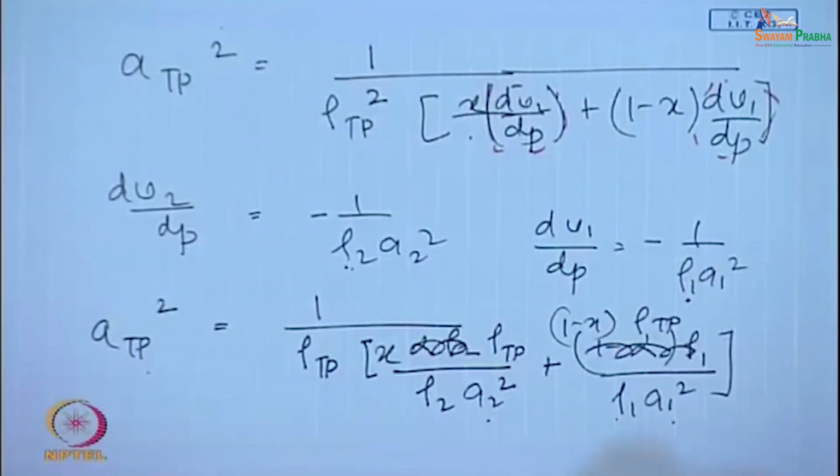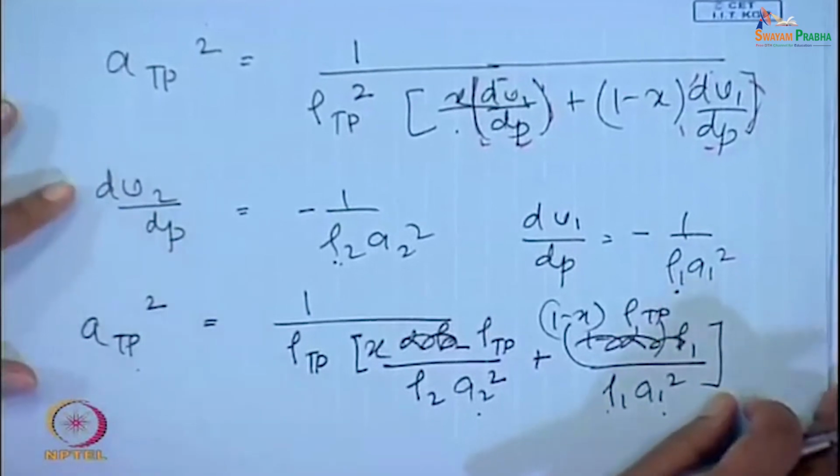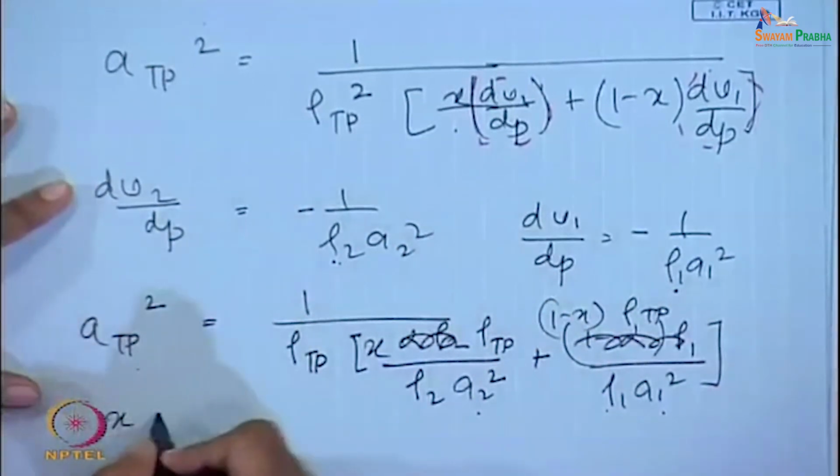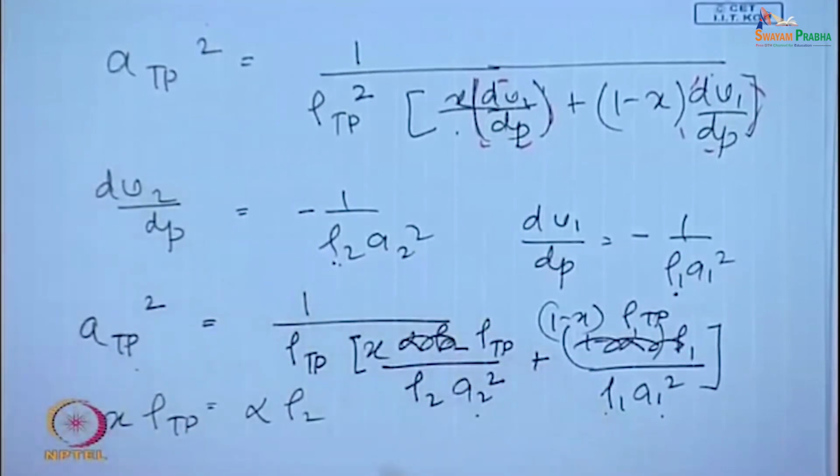Now, if you remember, I had derived one particular expression: x rho Tp equals alpha rho 2. How did I get that? What did I tell you? That rho Tp is the weight of, say, 1 unit volume of two-phase mixture.